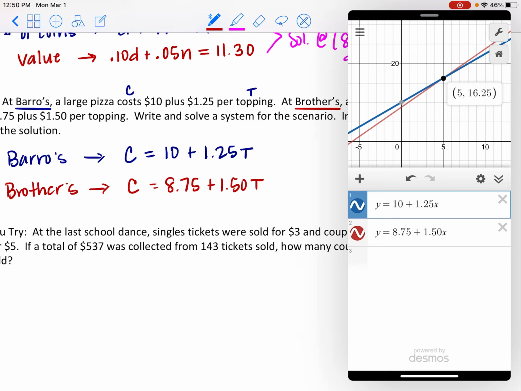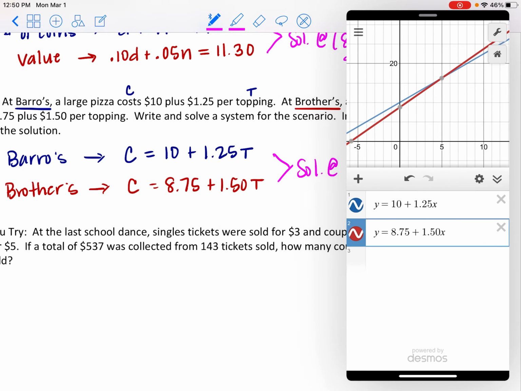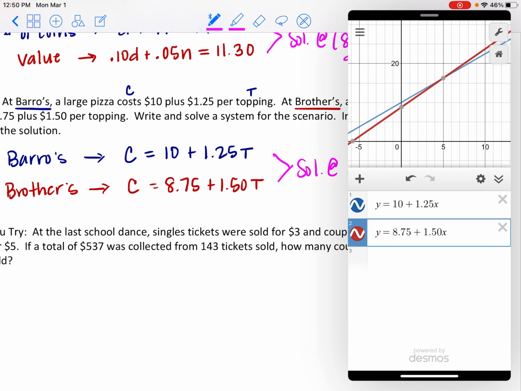By the way, let me write this down before I forget. The intersection, the solution, is at (5, 16.25). Okay, that intersection is where we are the same, where the equations meet, right?